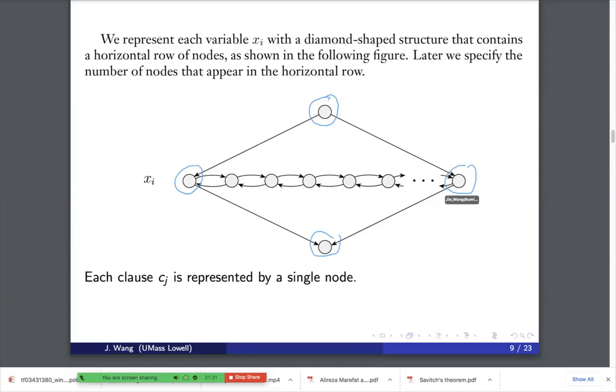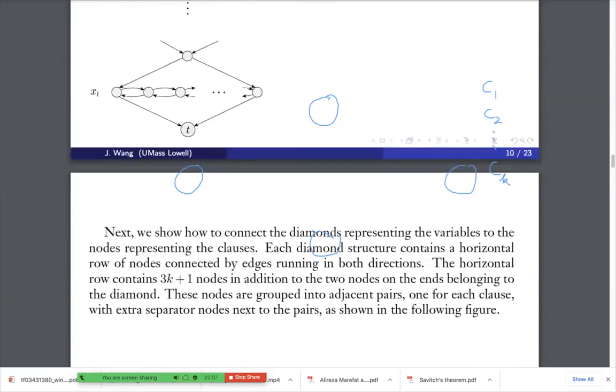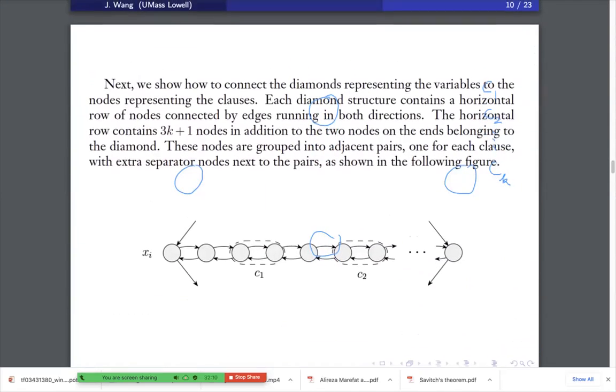Then for each clause, a pair of nodes represents a clause, and each pair of nodes is separated by a separator. Okay, so it's like this.